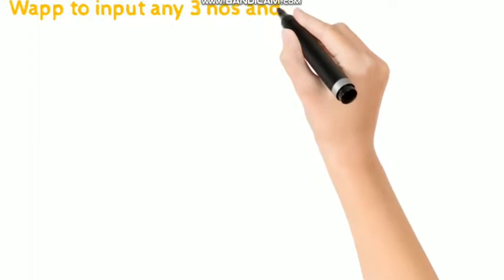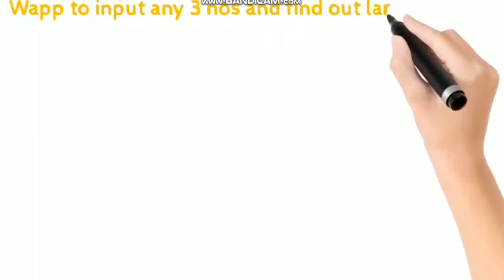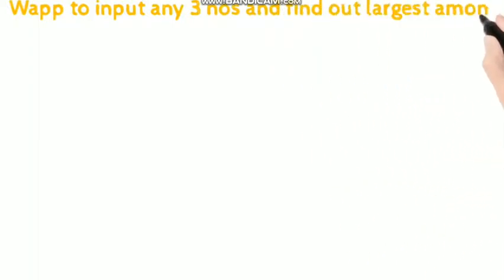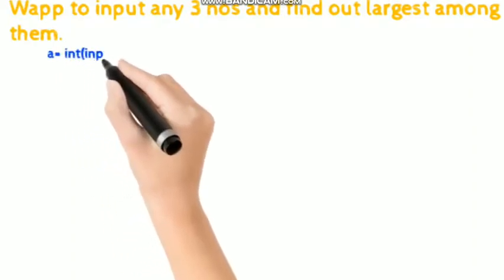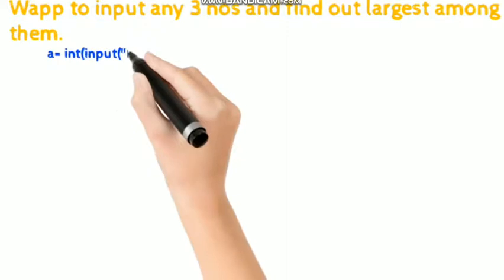Now the next question: write a Python program to input any 3 numbers and find out the largest among them. For this we need at least 3 variables, because 3 different numbers are to be inputted. And as we are going to input numbers, in all the cases we have to use the int function.